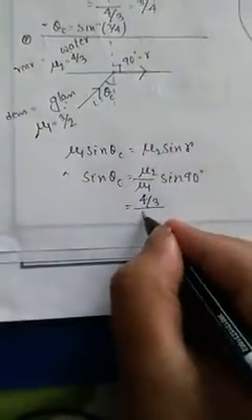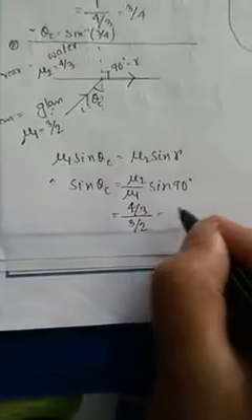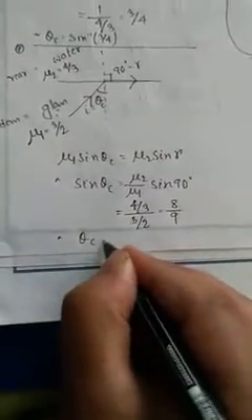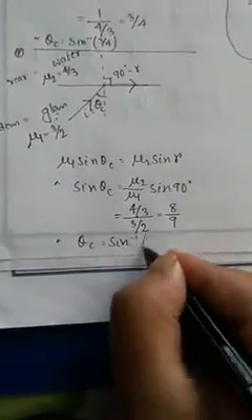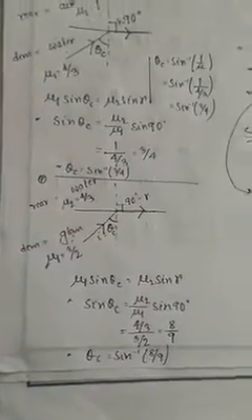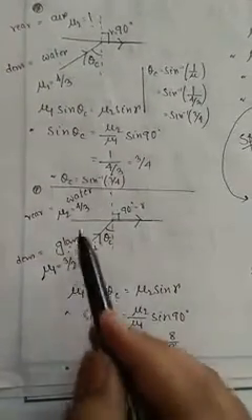That is 3 by 2. So this is 8 by 9. So here theta c equal to sine inverse 8 by 9. Is it okay? So this is how you have to solve the problem. But actually this process is more efficient.